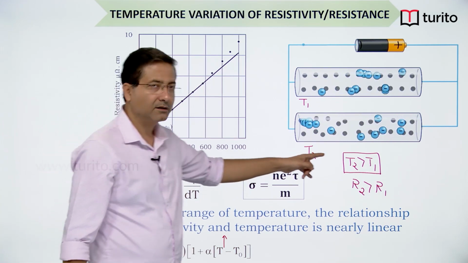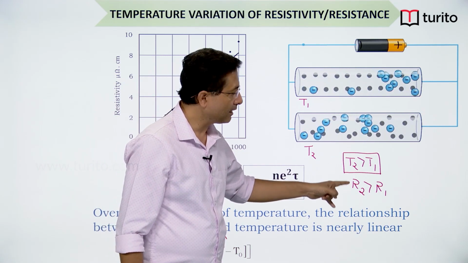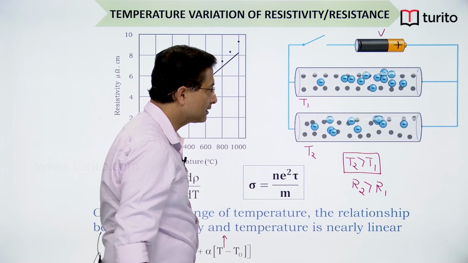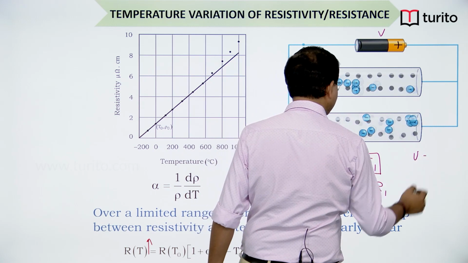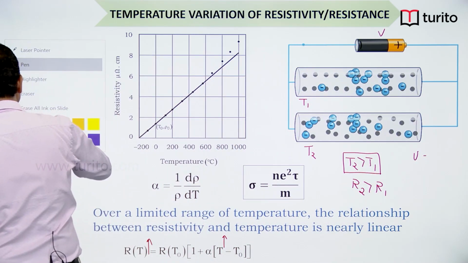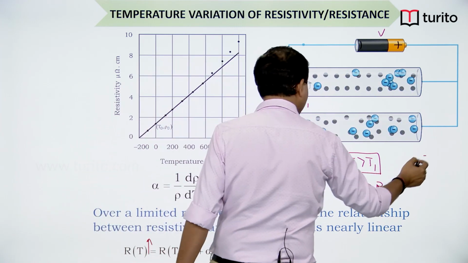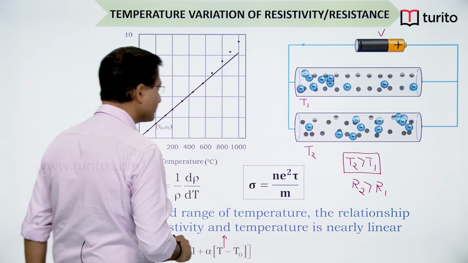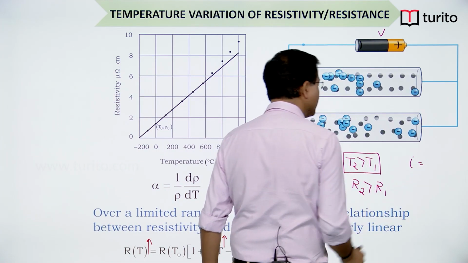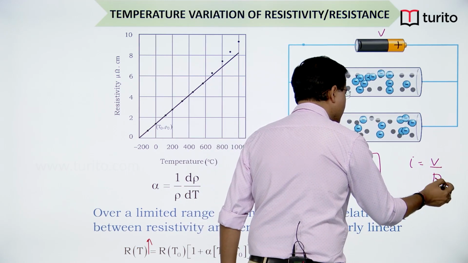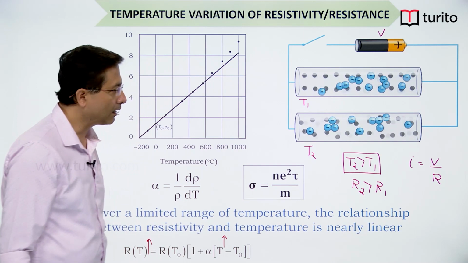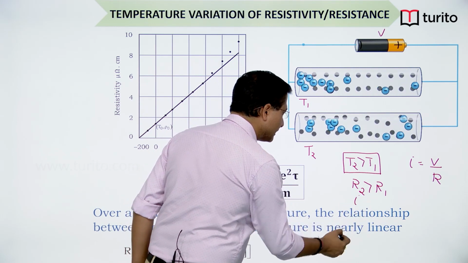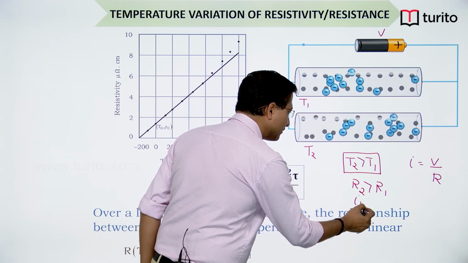So, higher the temperature, higher would be the resistance, and if they are connected across same source, the current flowing I is equal to V divided by R. Higher the resistance, lower would be the current. So, what I can write, higher the resistance, lower would be the current, I1 will be greater than I2.